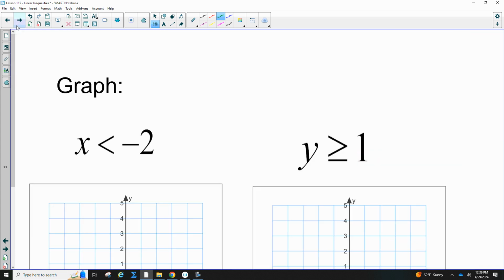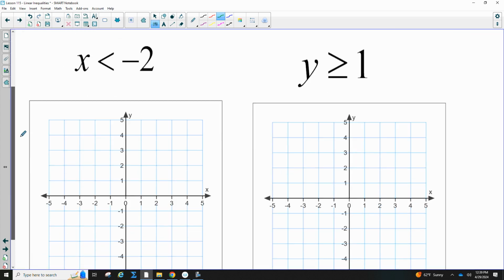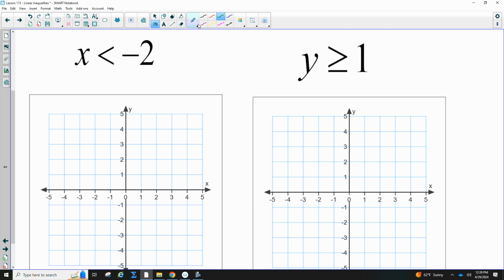What if you have these kinds of graphs? x is less than -2. Which way do x graphs go, vertical or horizontal? Vertical. x graphs cut through the x-axis at -2, so I'm going to do my line here. However, is it solid or dotted?